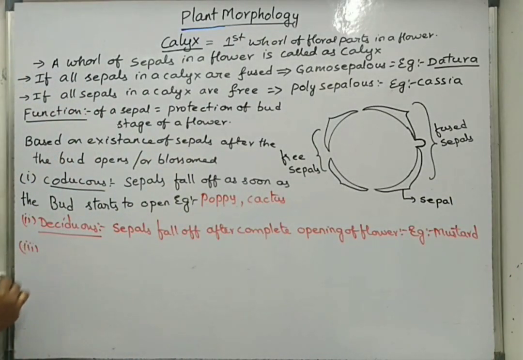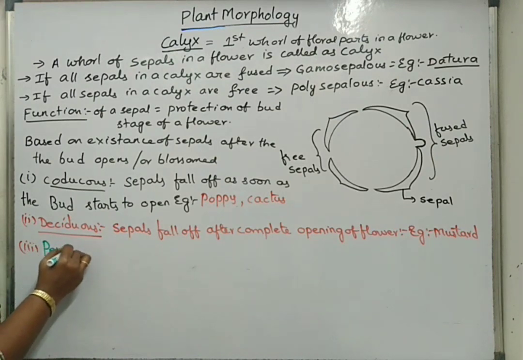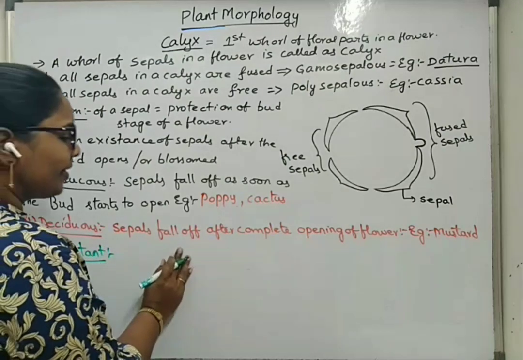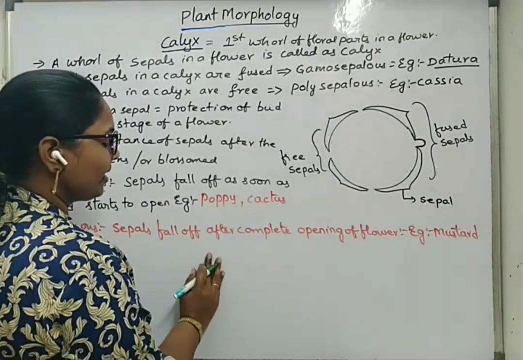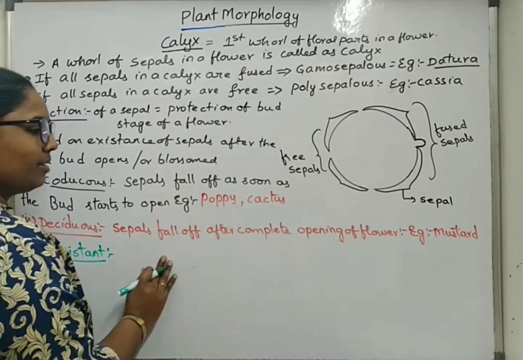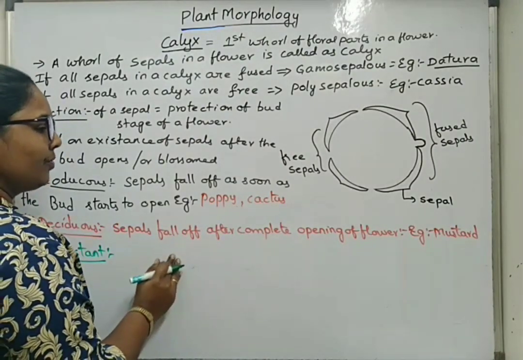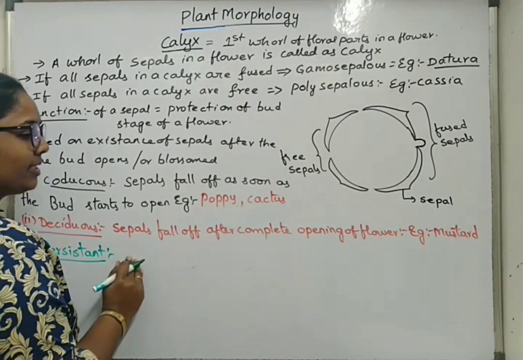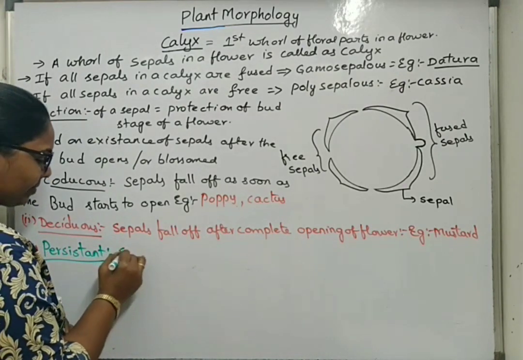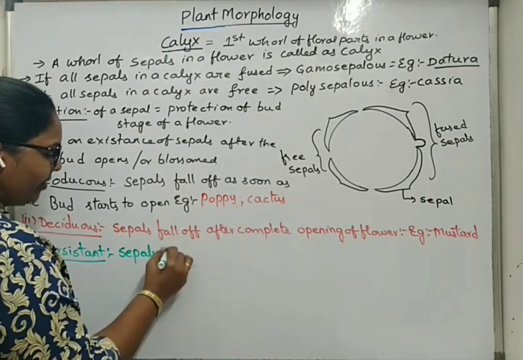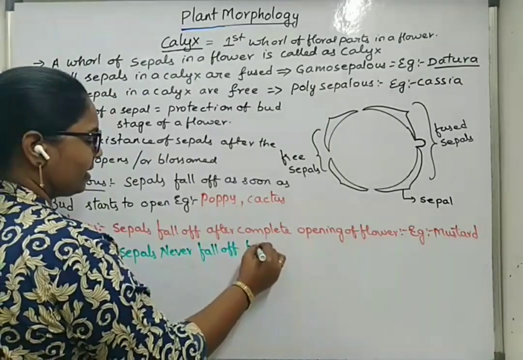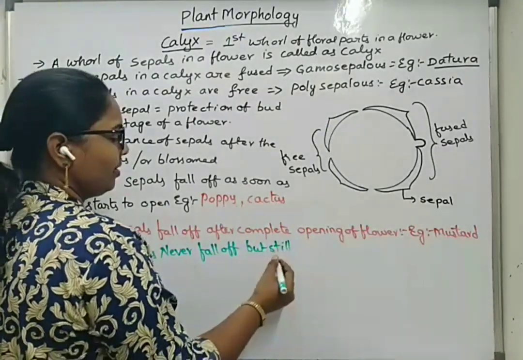Third type, persistent type of calyx. Here, sepals never fall off, but they are still attached to the fruit. Means even after the flower is converted into fruit, the sepals will be attached to the fruit. Examples we can see in brinjal and strawberry.